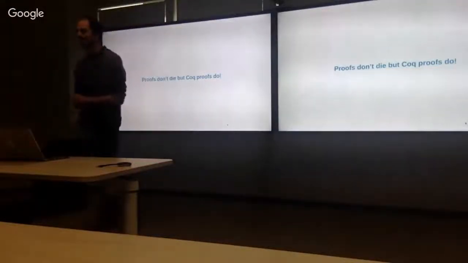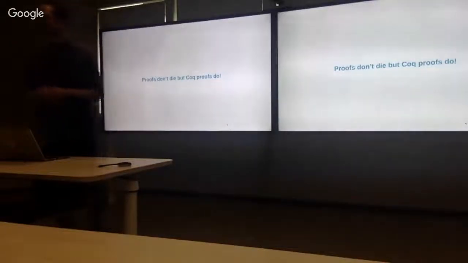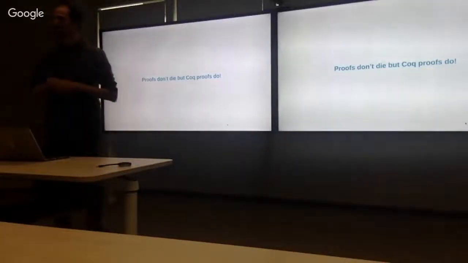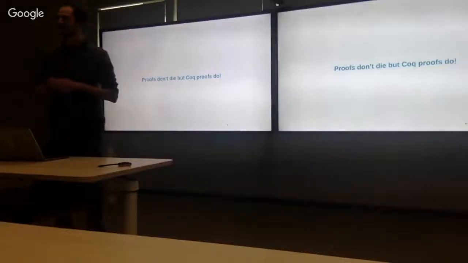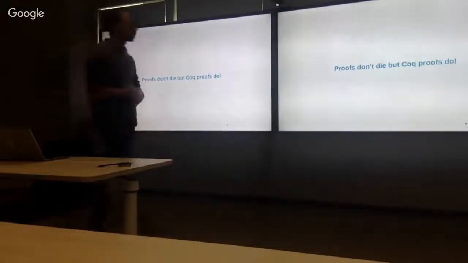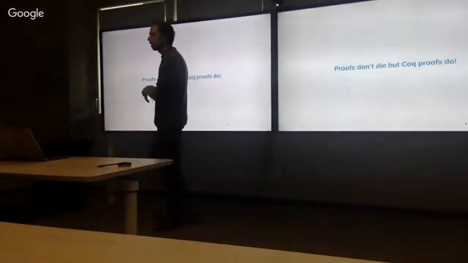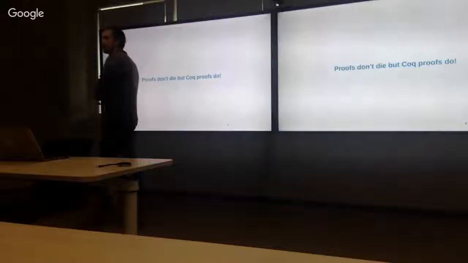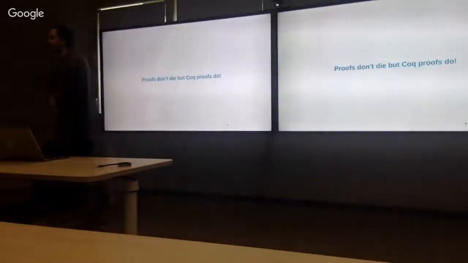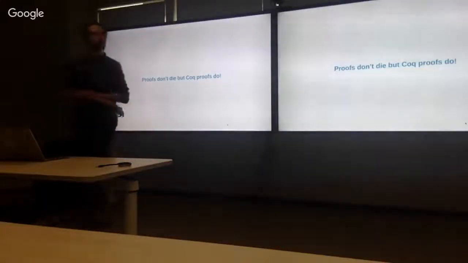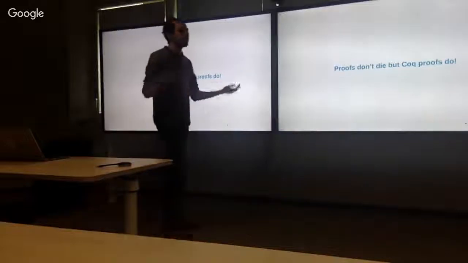Sorry? There's a bit of emotional bias. When you say they die, I would naturally feel like I have to do something. So I think that's inaccurate, because you mean they become uncompilable in newer versions. Yeah, exactly. But we have opam packages these days, so it's easy to install Coq 8.3 and compatible proofs. That's true.